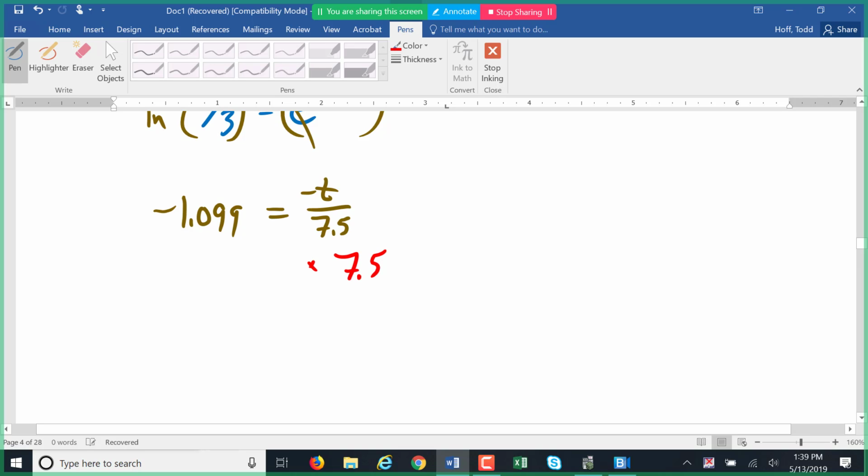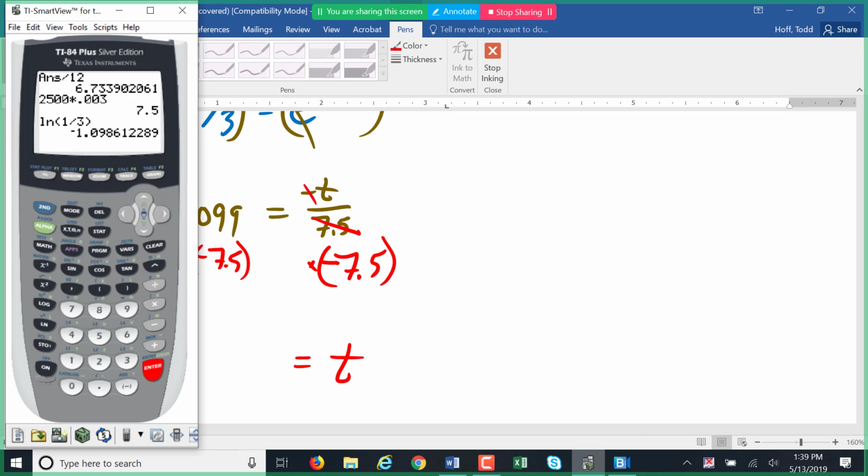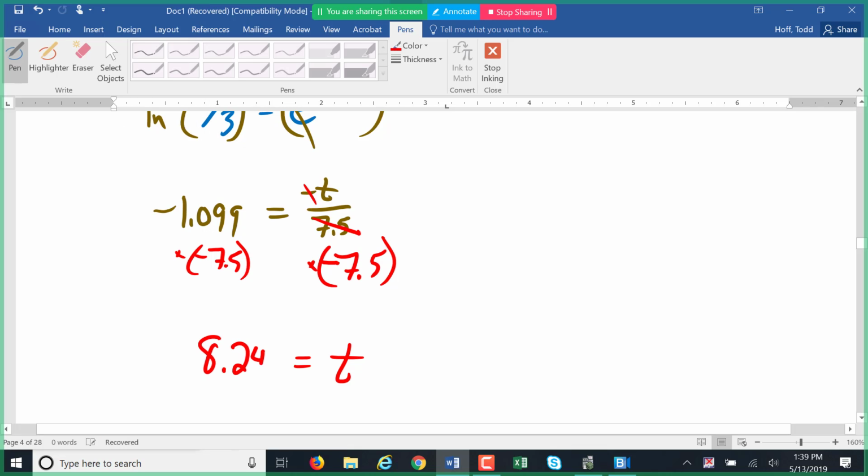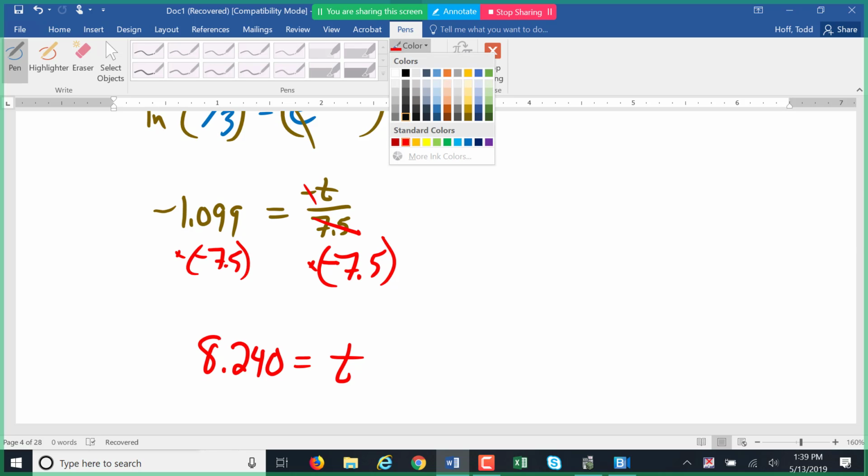Well, I could do 7.5, but then I'd have to do one more step. I can combine two steps by doing times negative 7.5. That gets rid of the 7.5 and the negative. So negative that times negative 7.5. 8.240. That is, time is in seconds in that formula, so that's 8.24 seconds before that charges to 80 volts.